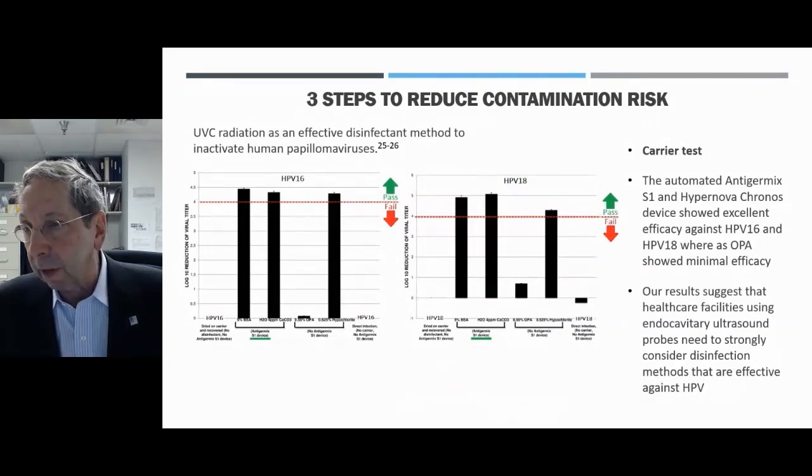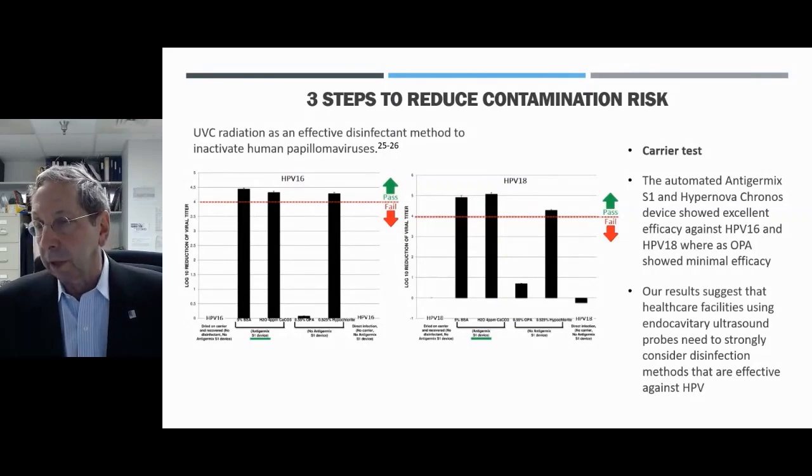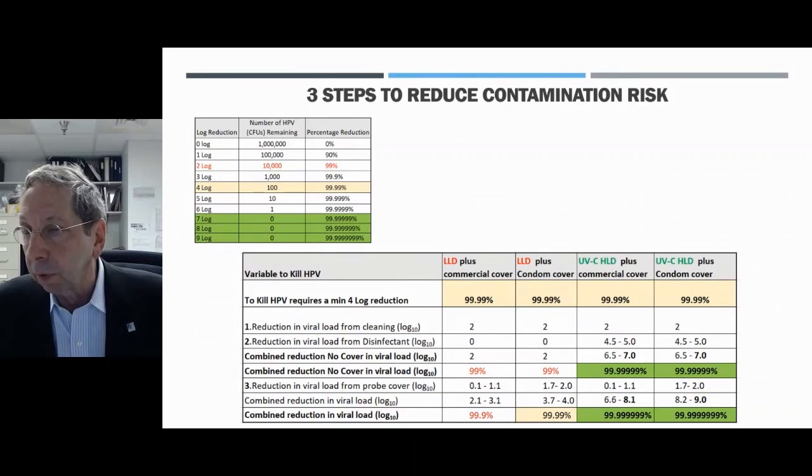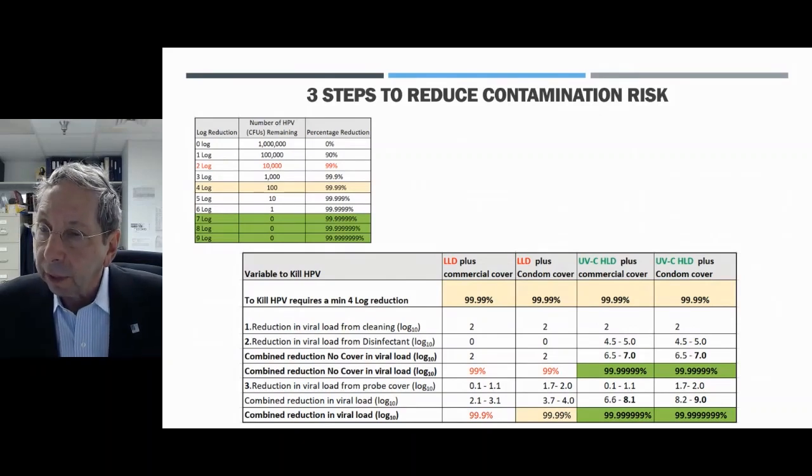These results suggest that healthcare facilities using endocavity probe ultrasounds need to strongly consider the disinfection methods they use and whether they're effective against HPV. Again, the 3 steps to reduce contamination risk, as we can see here, are cleaning, followed by high-level or low-level disinfection, and then use of a condom cover or not.